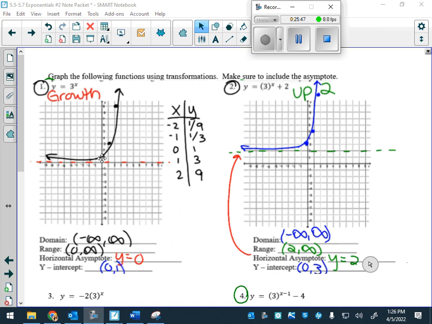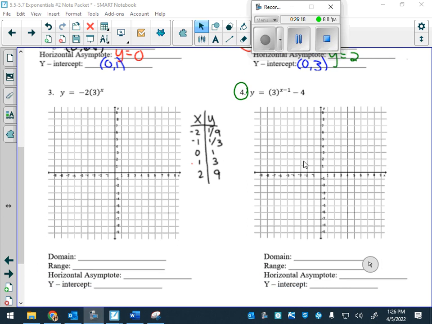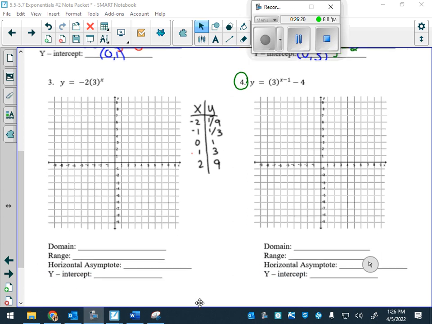Your y-intercept is still 0, 1 because there's no movement. Domain and range still the same. How many of you did get that for number 1? Fabulous. Good. Number 2, we moved up 2, so therefore our range and horizontal asymptote definitely changed. Range is 2 to infinity. Horizontal asymptote is y equals 2 because you moved up 2. And our y-intercept is now 0, 3. How many of you guys got that one? Great.